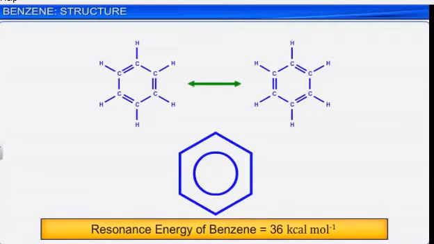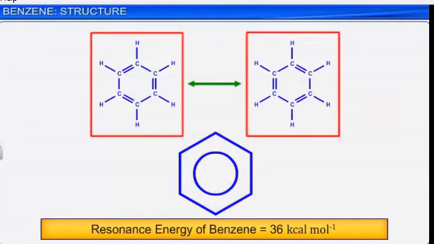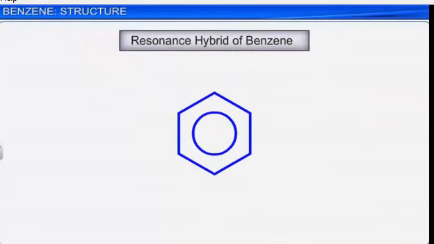Due to this, the resonance hybrid of benzene is more stable than any one of its equivalent structures. The resonance hybrid explains most of the properties of benzene. Benzene undergoes substitution in preference to addition due to resonance.